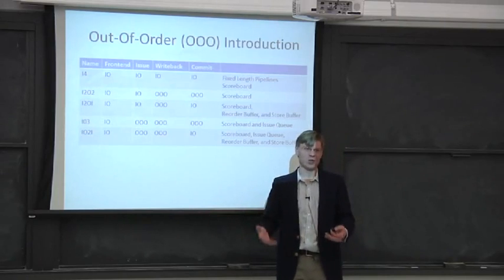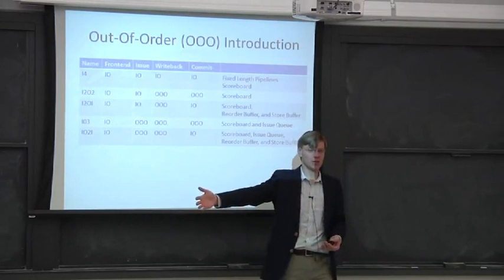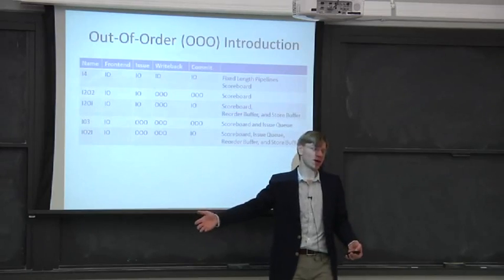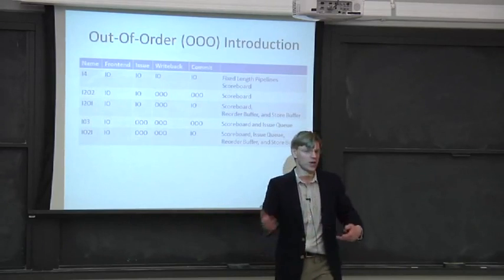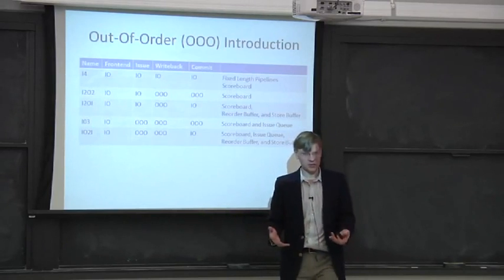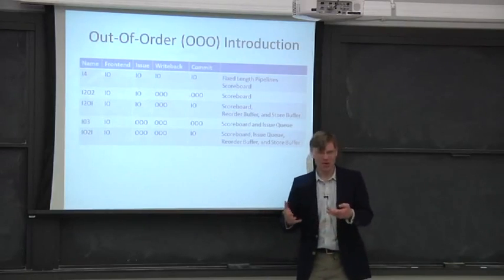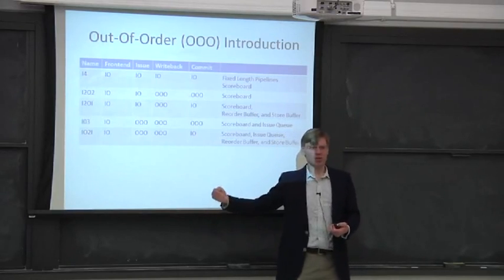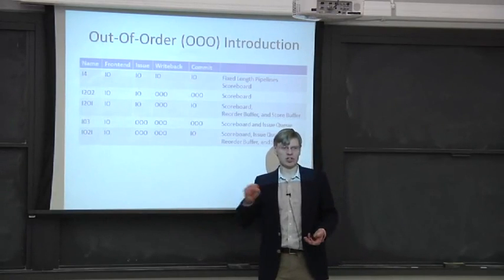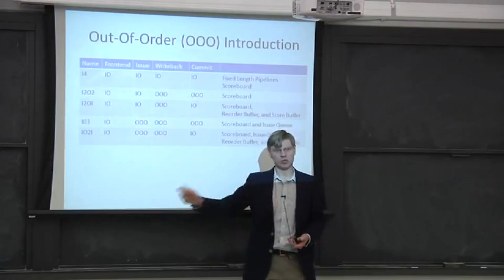Well, it's any state that you can't roll back. So if you do a store to main memory, that's a commit. That's really hard to roll back, unless you somehow keep all the state of what was in that memory location before. But people typically don't do that. Instead, you'll have a buffer which keeps track of all the stores you're trying to do. And when you actually commit the instruction, at that point and only that point do you store to main memory.